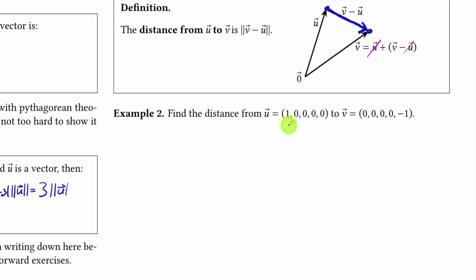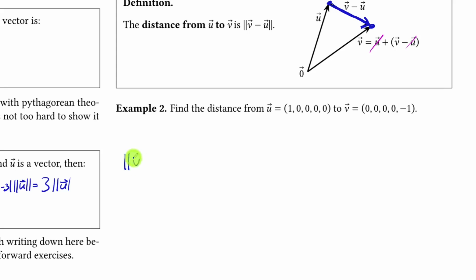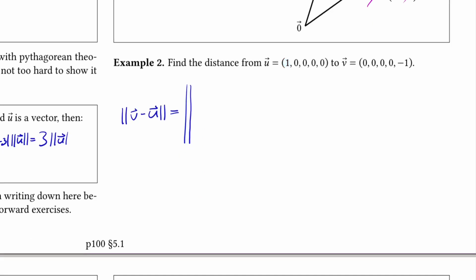According to the definition, the length of v minus u is going to be, well, let's subtract them. 0 minus 1, 0 minus 0 is 0, the other zeros minus zeros are 0, and then negative 1 minus 0 is negative 1.